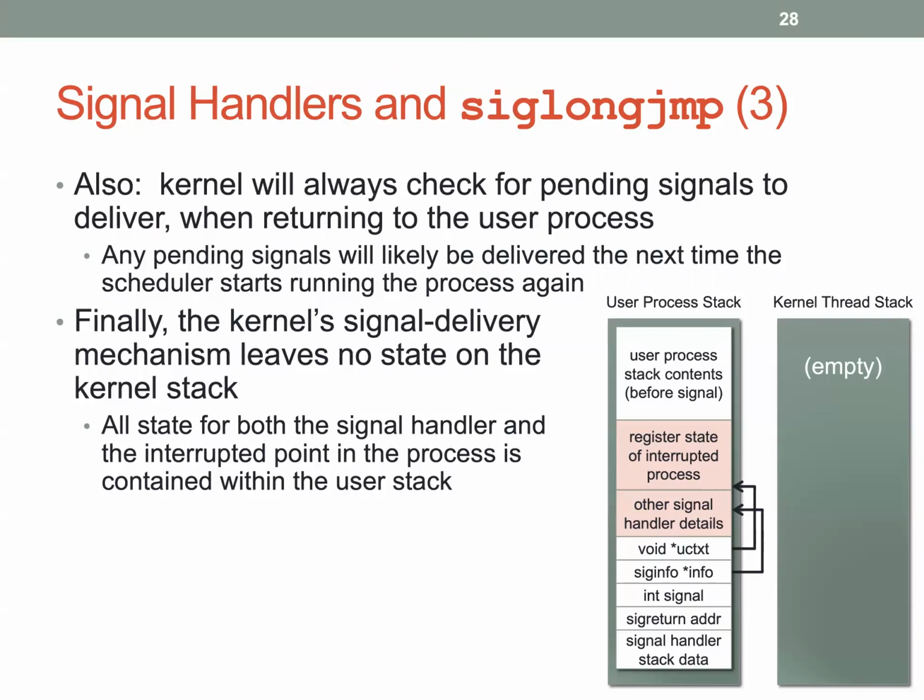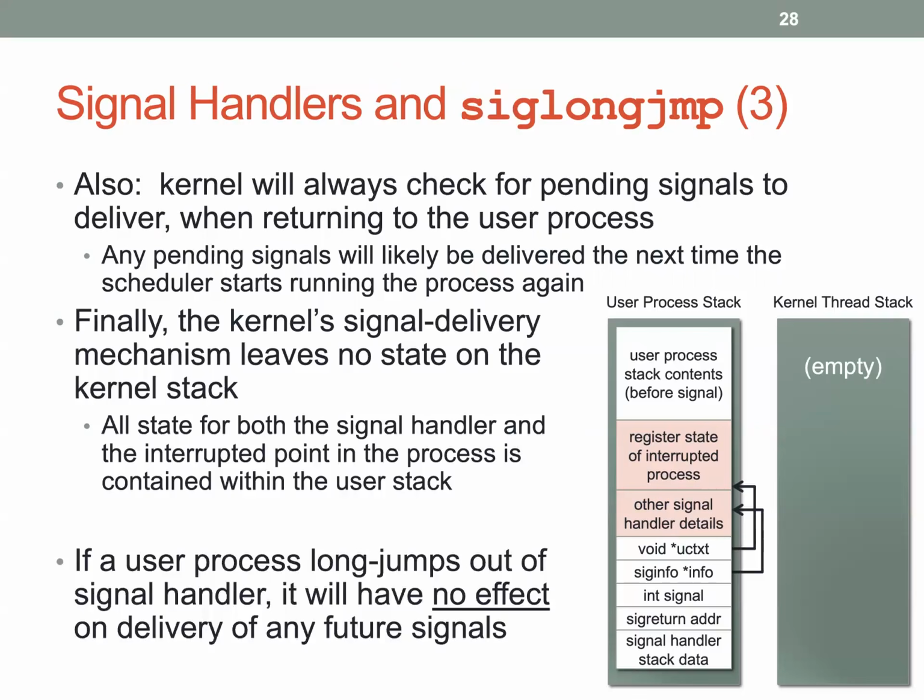So we don't mangle anything in the kernel. The kernel's safe. And we're just discarding this interrupted process register state, which is kind of the whole point of longjmp and siglongjmp anyway. When you do a non-local goto, we're saying we don't want this. We don't want to use it. We're just leaving it behind.